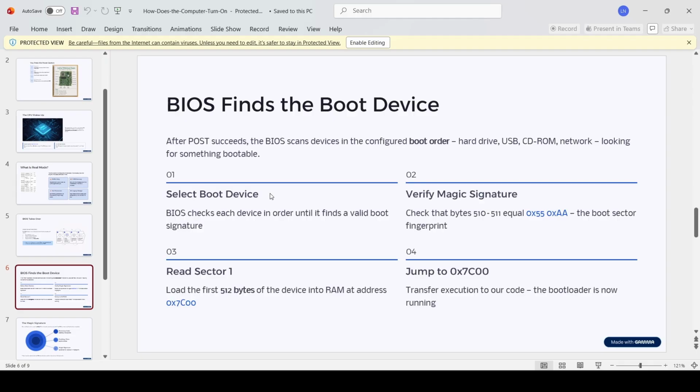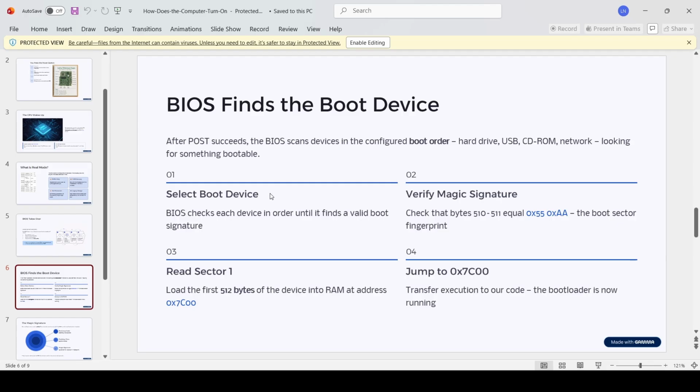The BIOS checks each one, and it looks for a signature of 0xAA55 in the last bytes, 510 and 511, so it can identify that this is a bootloader and this is the program that it needs to run next.